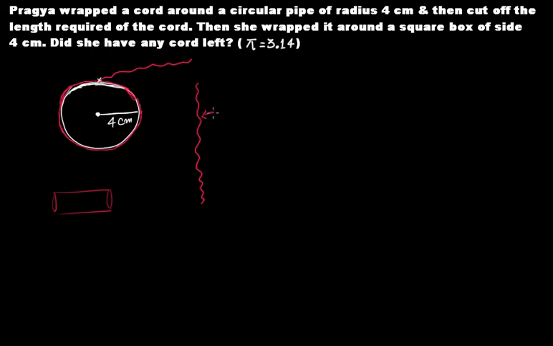The length of this cord will be how much? 2 pi r, where r is the radius. So 2 times pi is how much? 3.14 times what's the radius? Radius is 4 cm.